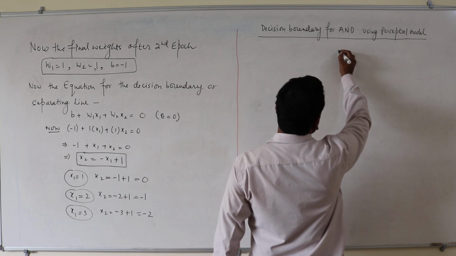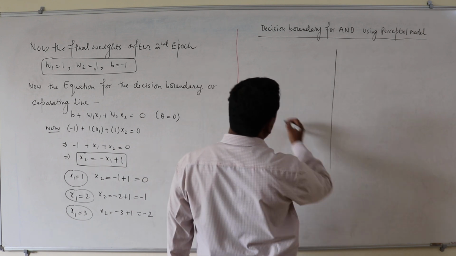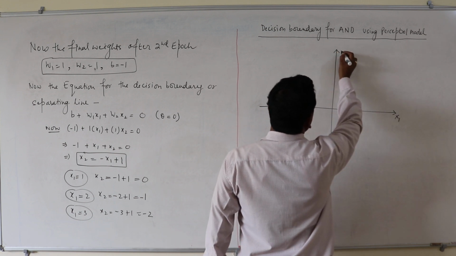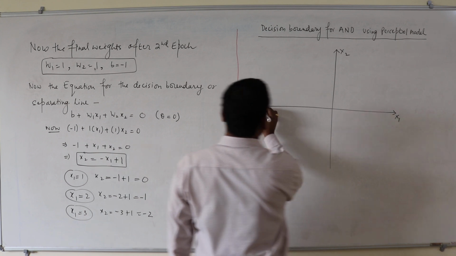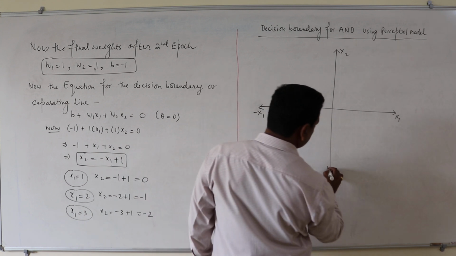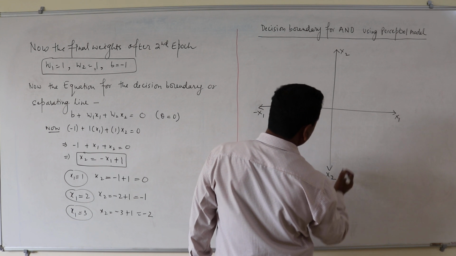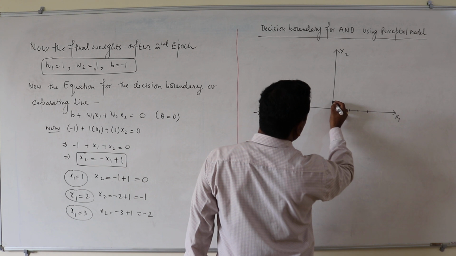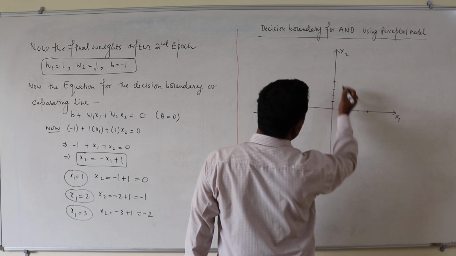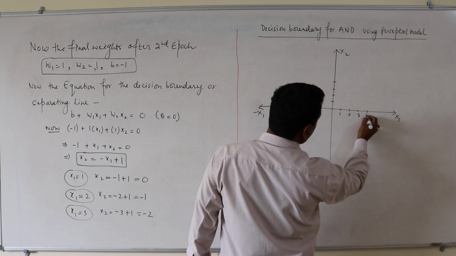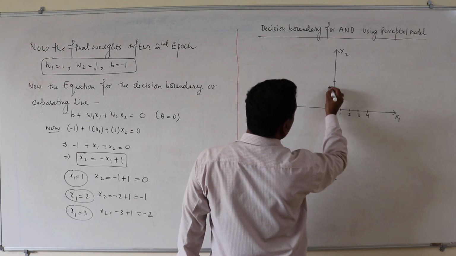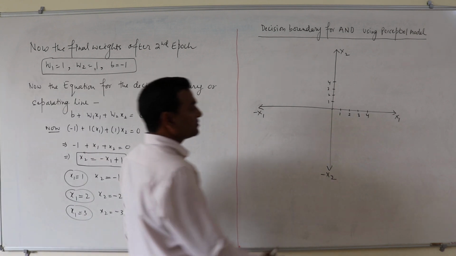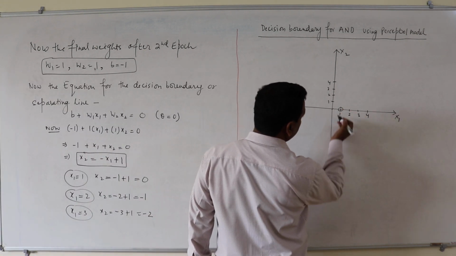So we can draw the straight line. Suppose this is x1, this is x2, this is minus x1, this is minus x2, with marks 1, 2, 3, 4 on each axis. Now when x1 is 1, then this is 0, so this is (1, 0). It can be plotted here.